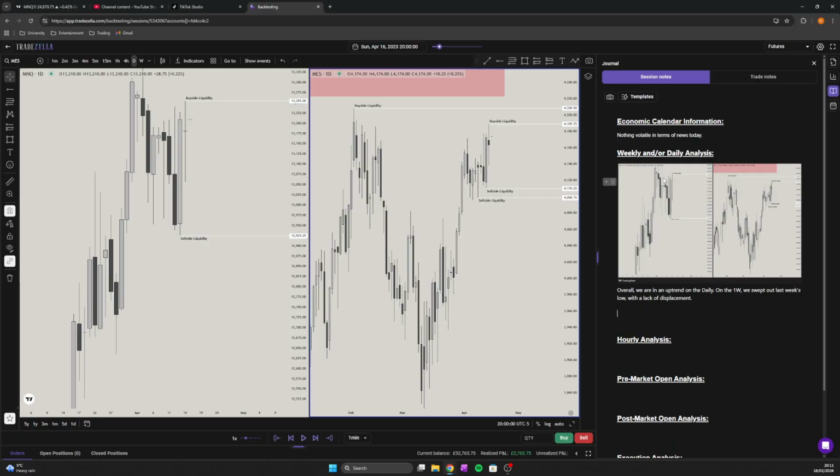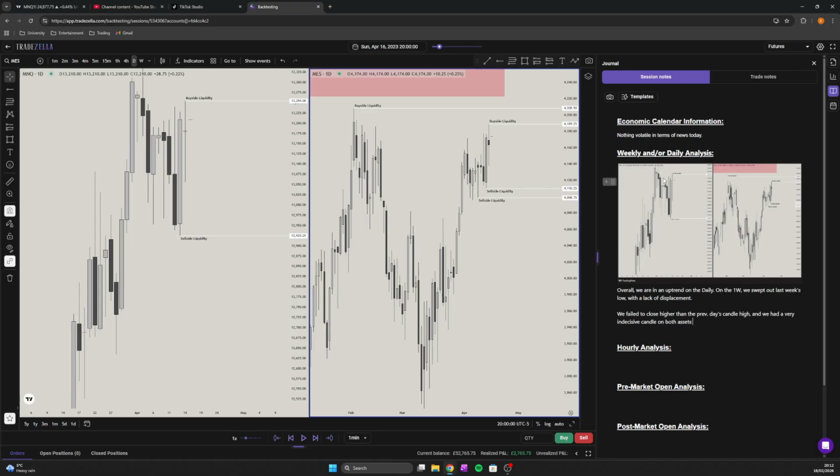Talking about the bodies, the candles, we failed to close higher than the previous day's candle high, and we had a very indecisive candle on both assets.